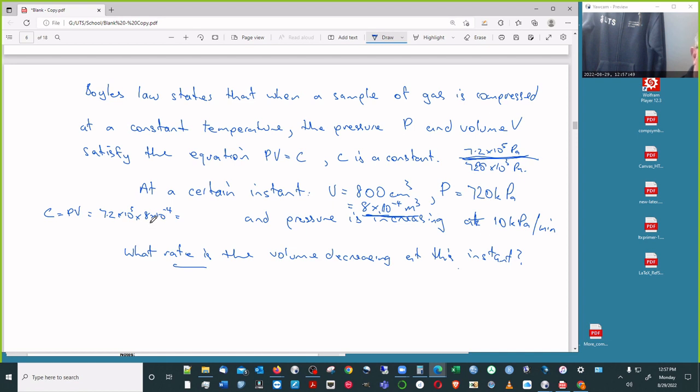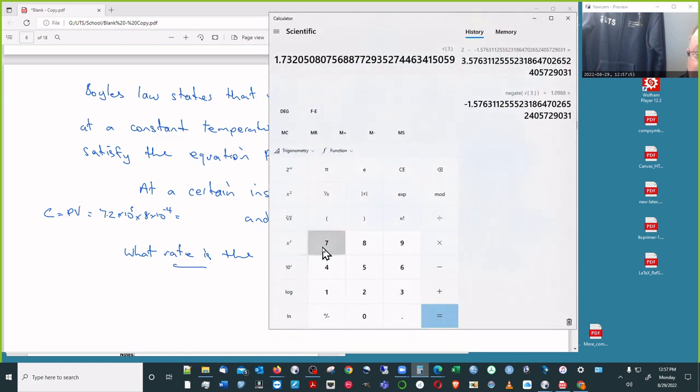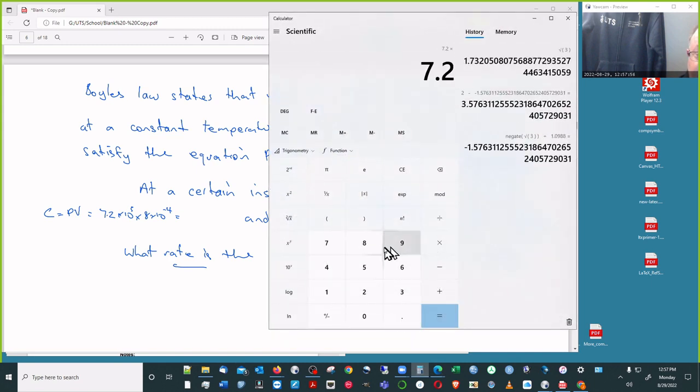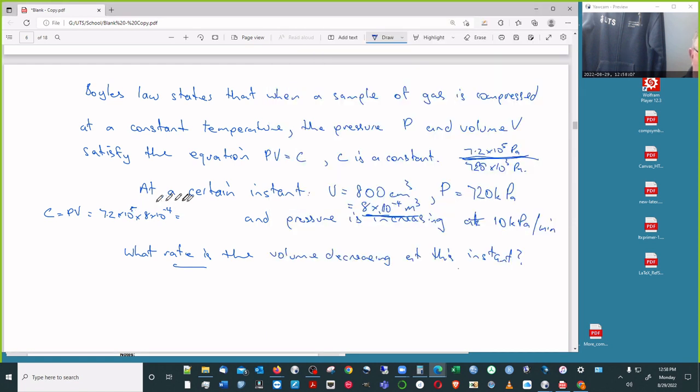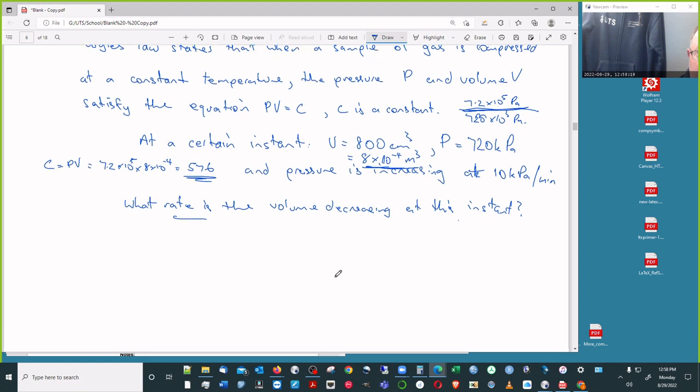So 7.2 times 8, what's that? 57.6 times 10, so it'll be 576. So you've got to get all that stuff out of the way just before you progress, so there is quite a bit to do.